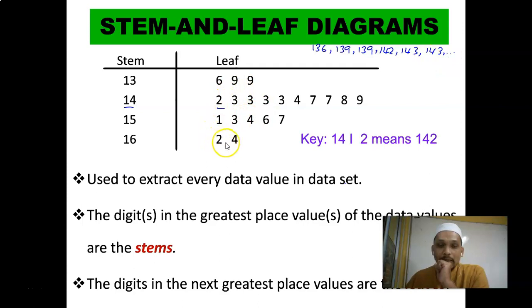So continuing until the last terms here, which are 162, 162, and finally ending up with 164. So this raw data, when arranged in the stem and leaf diagram, gives this result. And the key is the stem with a 14 and 2 represents 142. Okay.